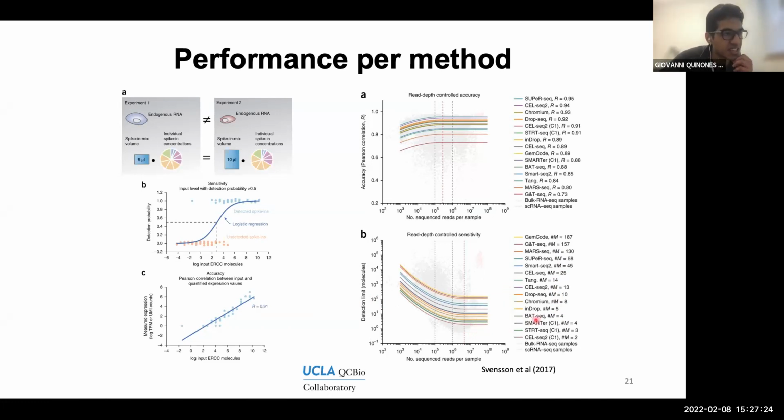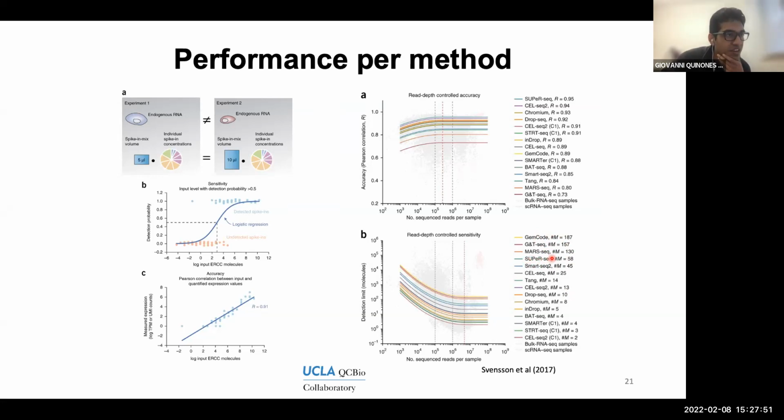So based on this analysis, we see that this technology, Cell-seq 2, STRT-seq, SMART-TER, they have the best detection values. Cell-seq 2, STRT-seq, SMART-TER. And up here we have other technologies that are less sensitive.